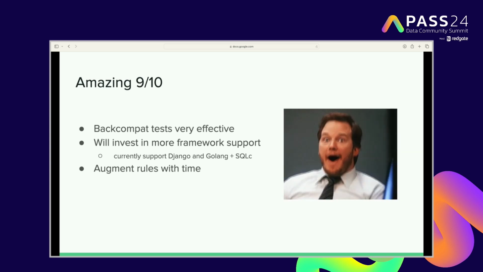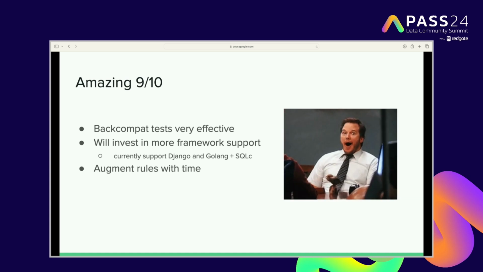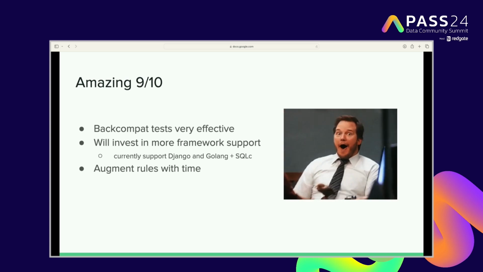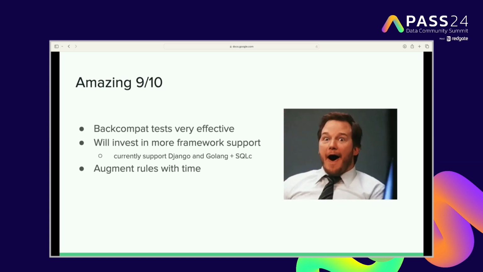We talk to the ORM layer to get information about the model state. And we only support Golang with SQLC and Django, which are our 2 main languages and frameworks. With time, I'm sure we'll discover more rules with backwards incompatibility scenarios, and we'll keep adding to the framework.